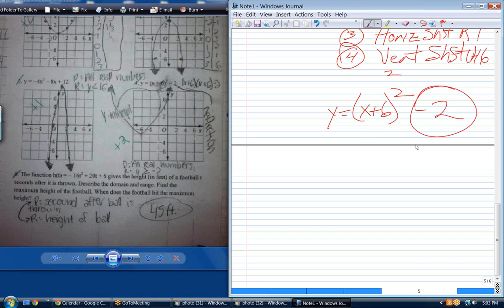What's the negative 2 do? It vertically translates down. Vertical shift, sorry. Down 2.